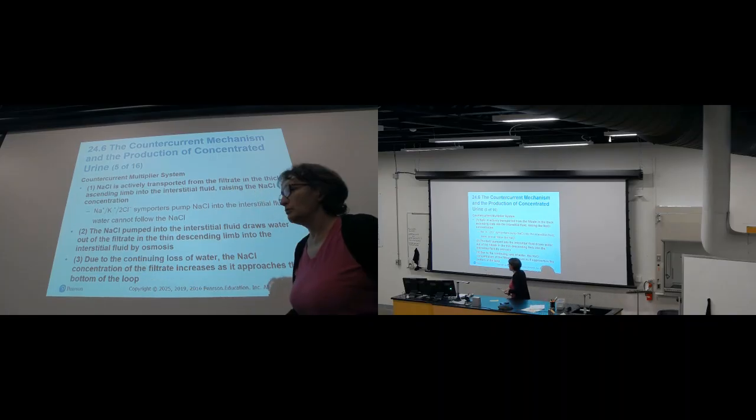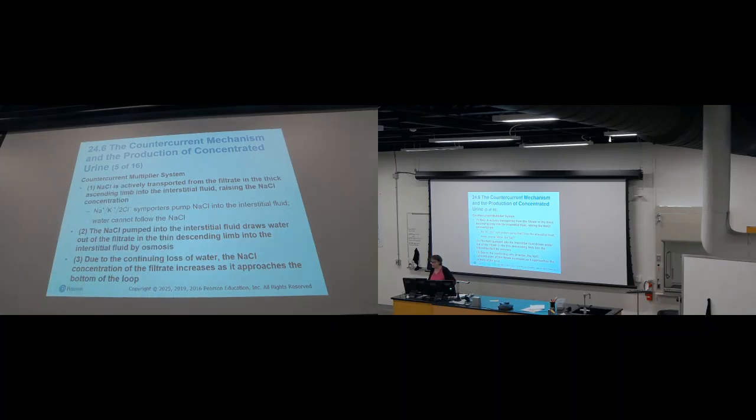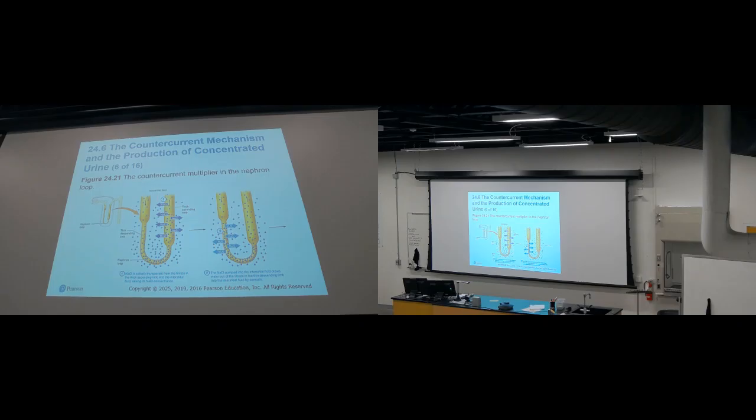That increases the osmolarity of your interstitial fluid, and that will lead to the absorption of more water, of course. And that increases as it approaches the bottom of the loop in this area.